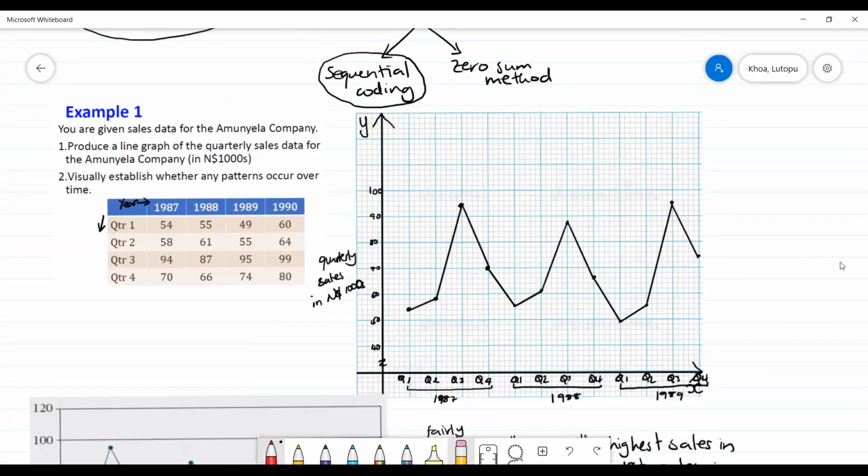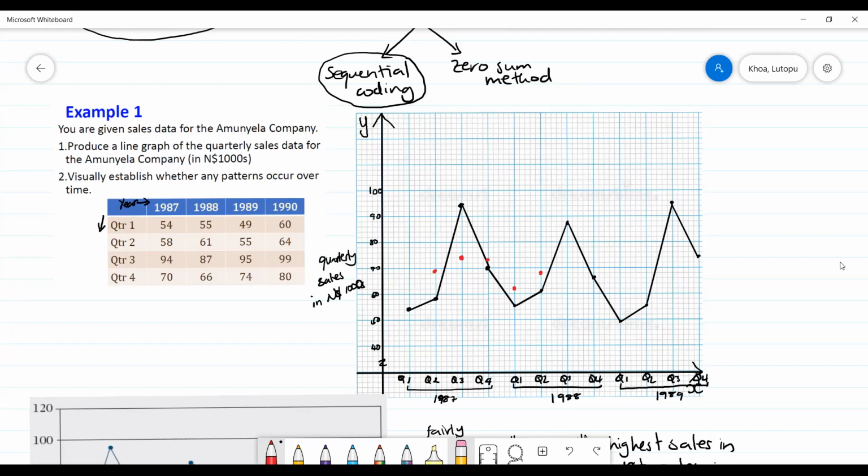So the first one is at Q2 and it is 68.67. So 68, so somewhere there. And then we have 74 for the third quarter. Then we have 73, then 62, then 67.67.